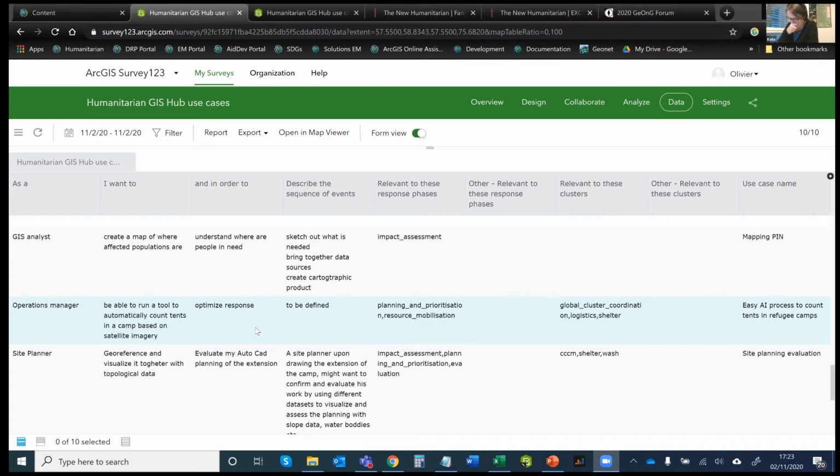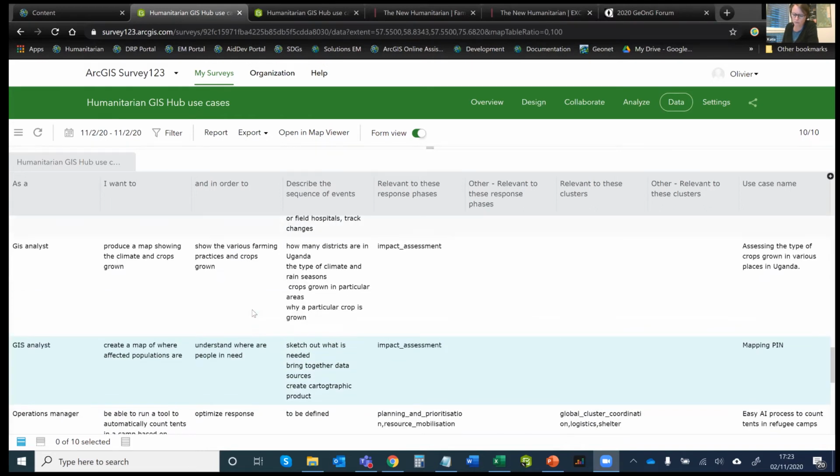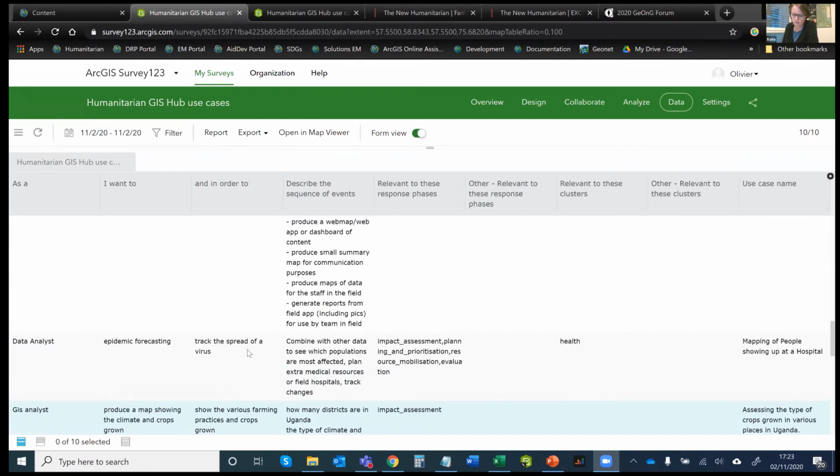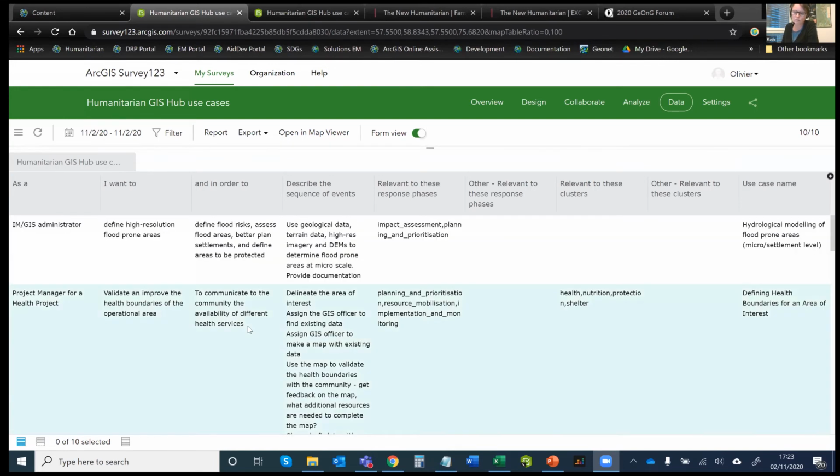And the third one that was discussed was about flood risk assessments at a micro level, so at the level of the settlements. Again, to optimize the refugee camp locations, how to easily calculate the flood-prone areas based again on geology data, terrain data, DEMs, and so on.